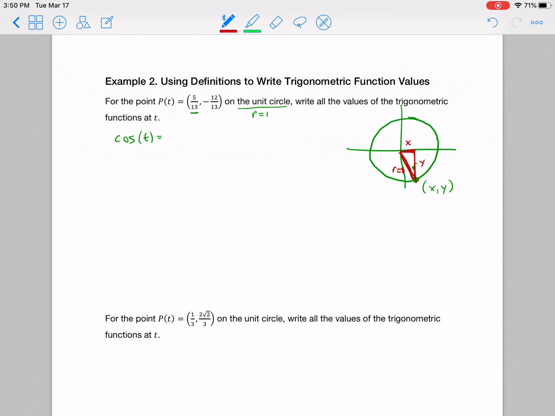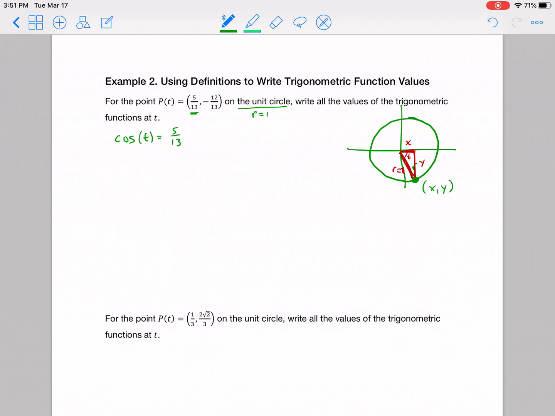And so cosine is just x over r. This is where t is going to be. And so it's x over r, but r is 1, so we can just write the answer as x, which is just 5/13. That's how far out in the x direction we went for this coordinate right there.